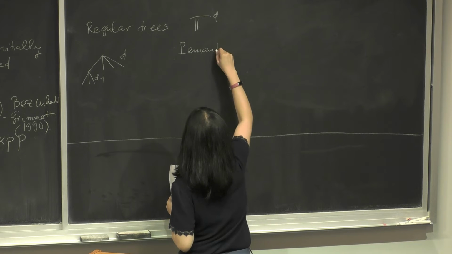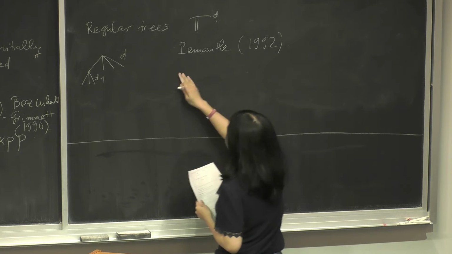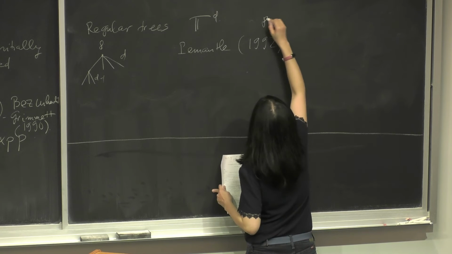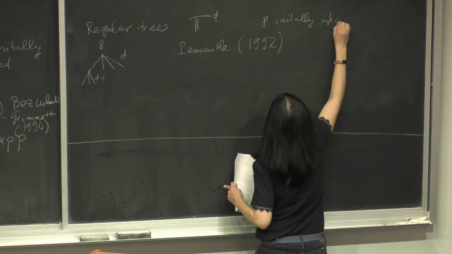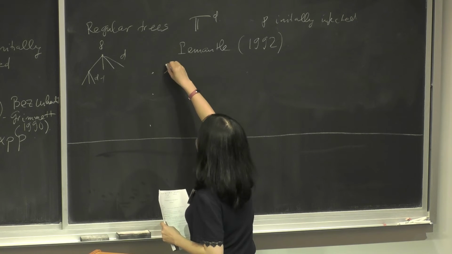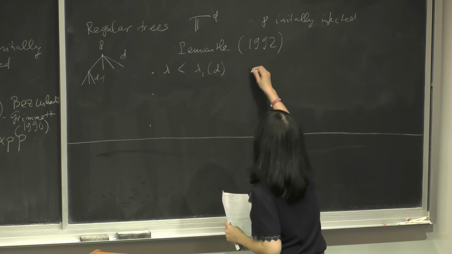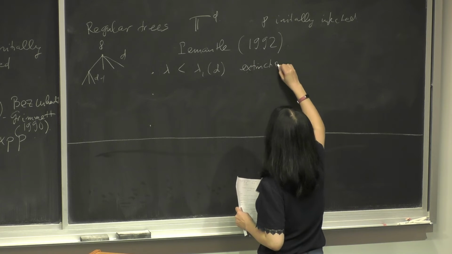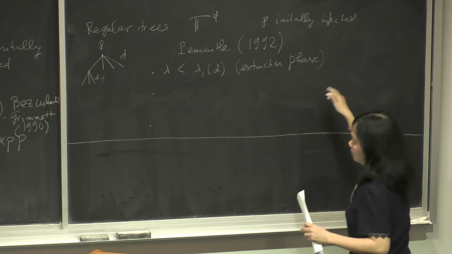Pimentel, in a very classical paper in 1992, showed, assuming that the root is initially infected, there are 3 phases. If lambda is smaller than lambda 1 of d, then this is the extinction phase, and it means that the process dies out almost surely.